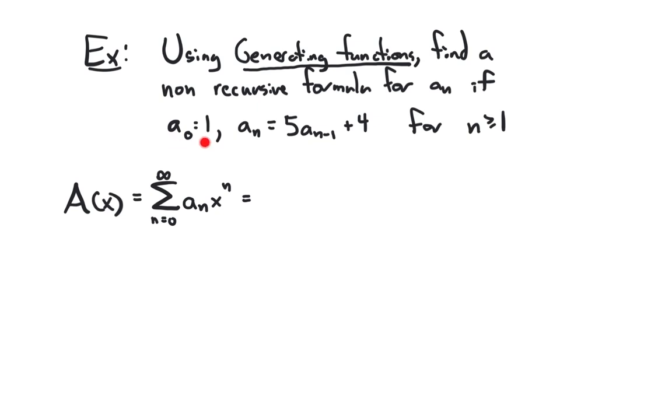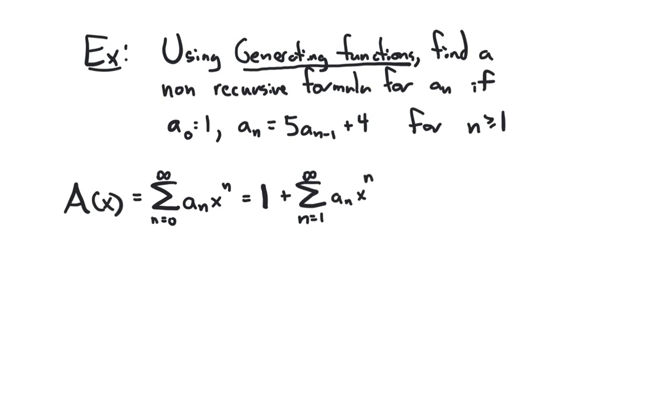Notice that the first term doesn't satisfy the recursion relation. It's an initial condition. So I'm going to split that off. So I'm going to take out the first term. 1 times x to the 0 is just 1. And then we have the sum from n equals 1 to infinity now of a n x to the n.